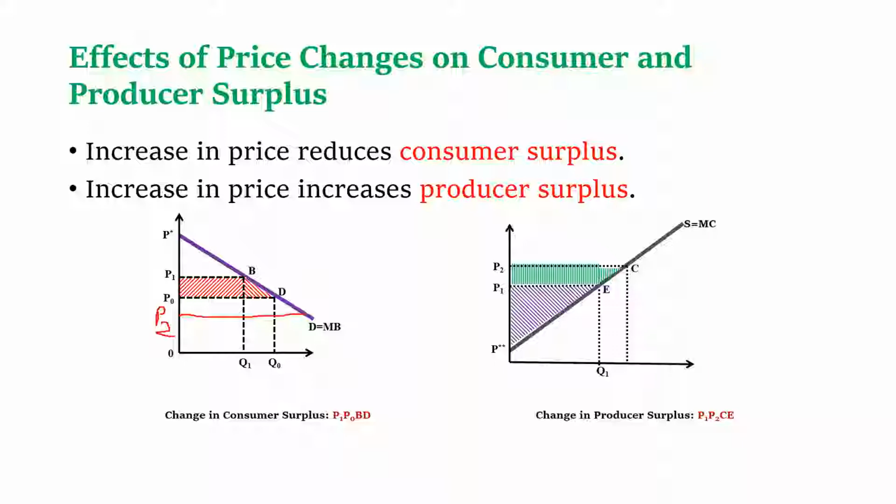What happens here when the price falls to P2? The consumer is going to buy more goods. So let's say the quantity increases to Q2.